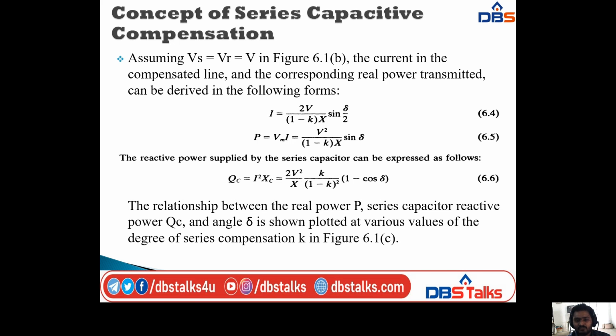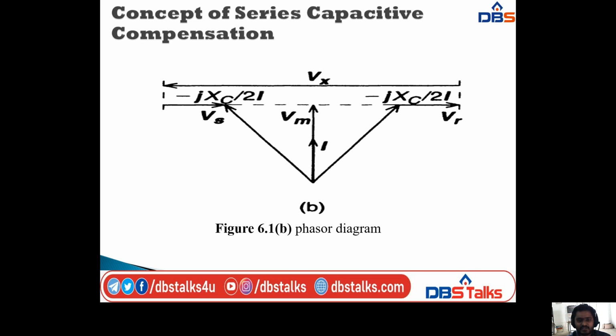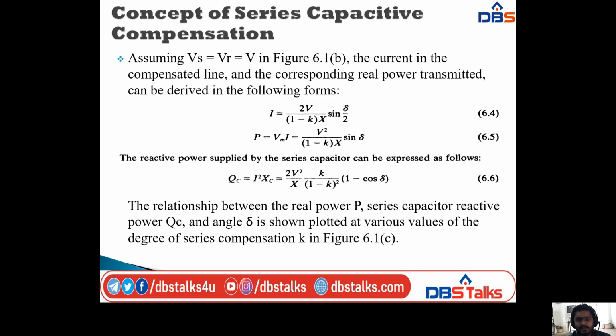I is equal to, you know the formula is 2V by X into sin delta by 2, so I is equal to 2V by (1 minus k) into X into sin delta by 2. Previously we discussed that X effective is equal to (1 minus k) into X. So it is 2V by X effective into sin delta by 2, that is 2V by (1 minus k) into X into sin delta by 2.